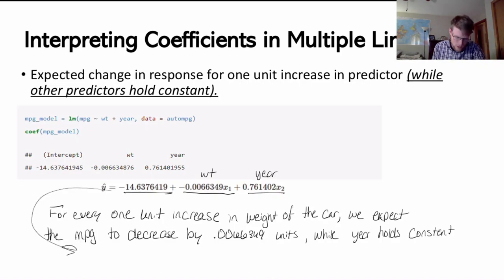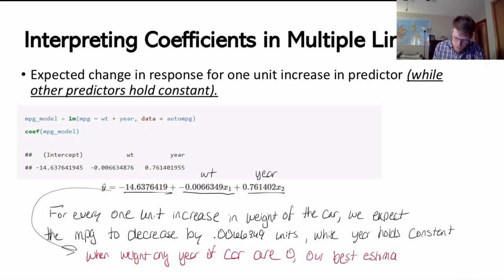The intercept is interpreted as: when weight and year of car are 0, our best estimate for MPG is negative 14.637, etc.